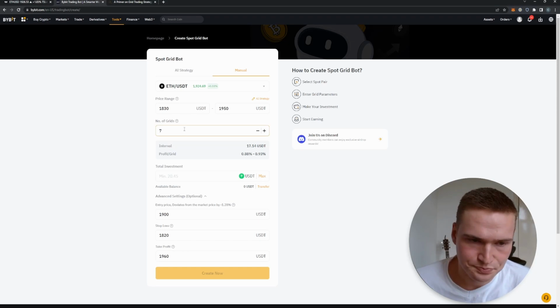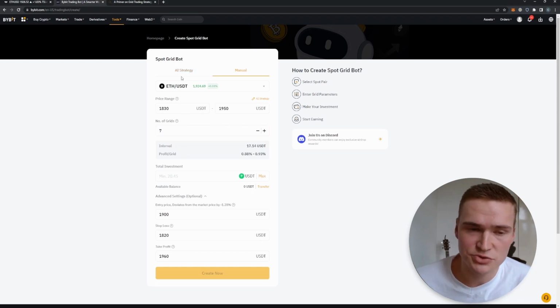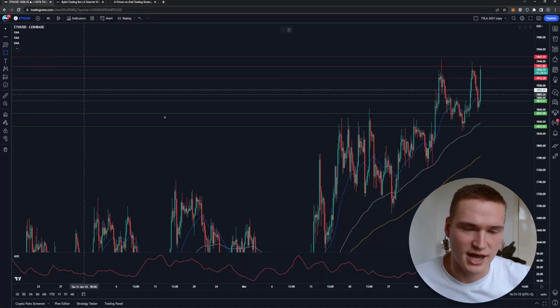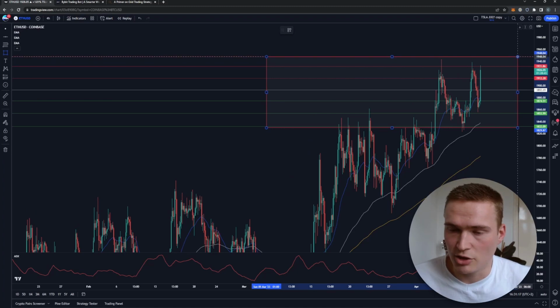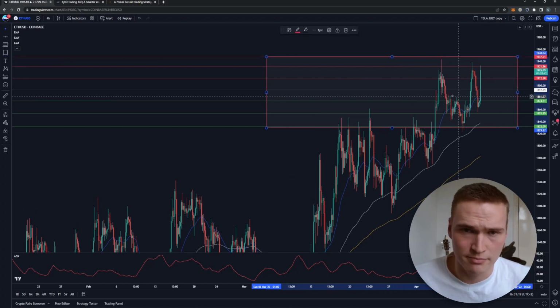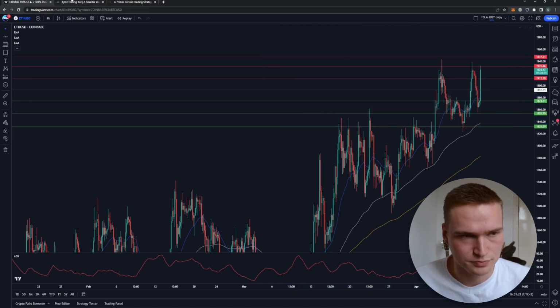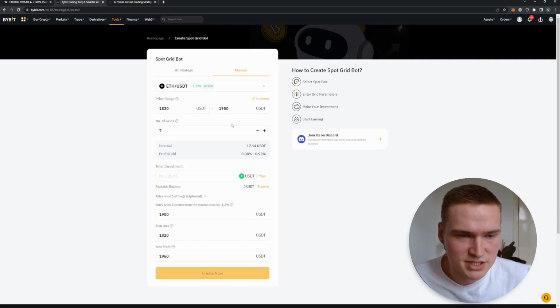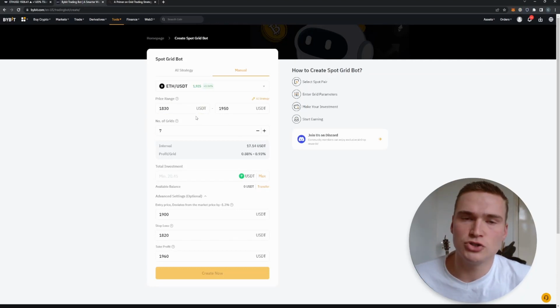All right, so this is how to set one up. You can let the AI pick a strategy, so pick a certain grid, because essentially it has an upper price and a lower price, and within that area it buys and sells. So if you want to set one up, first of all, you choose a range.